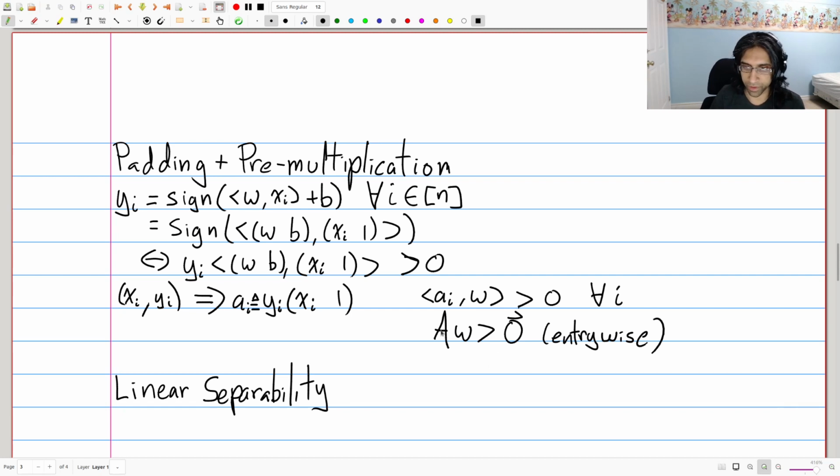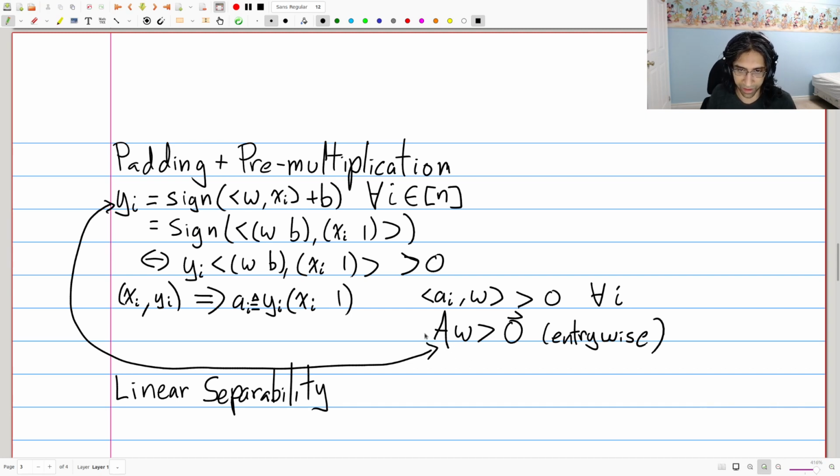Cool. So that's an equivalent way of writing our goal. Hopefully the former one makes sense to you, where you're trying to get the correct sign for each point in your training data. But if you massage it enough, you get something like this: a set of vectors stacked on top of each other.